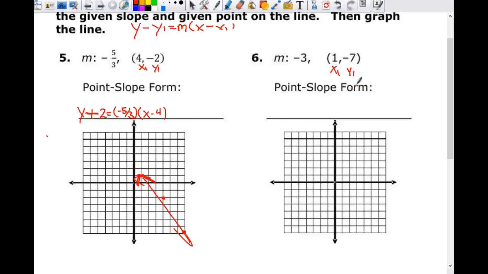So we have y minus y1 is equal to negative 3 over x minus... I'm waiting on you guys. People are talking.